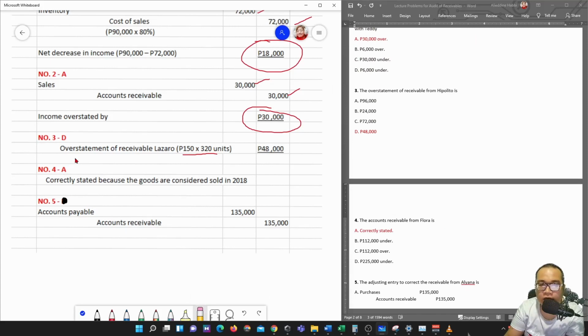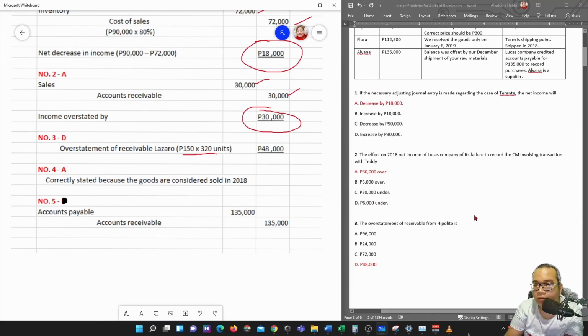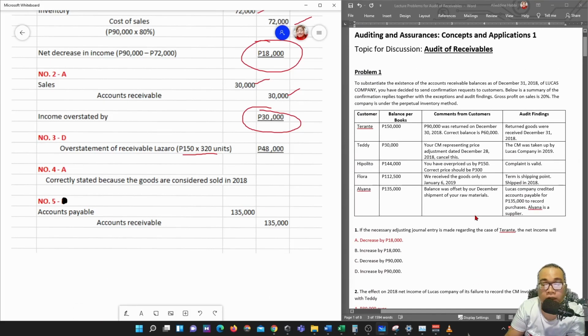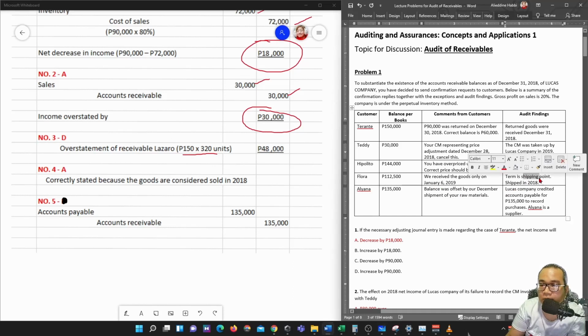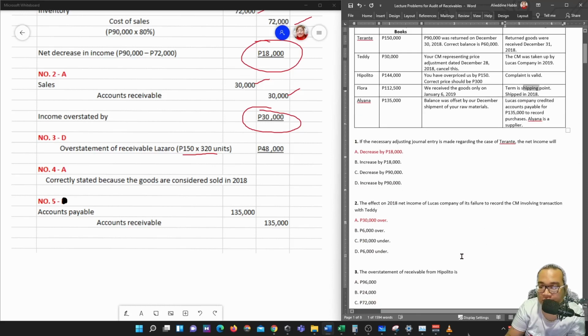Yes, na-receive ni Flora 2019, pero on your records, since the term is shipping point and it was shipped in 2018, so you correctly stated na yung receivables na yan is for the reporting period ending December 31, 2018. Kasi nga shipping point eh. The moment you ship it, hindi na ikaw yung owner ng goods na yan. Na-transfer na yung ownership. Titirahin talaga tayo sa basics.